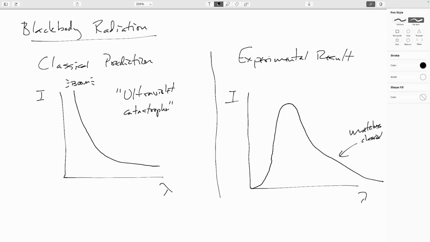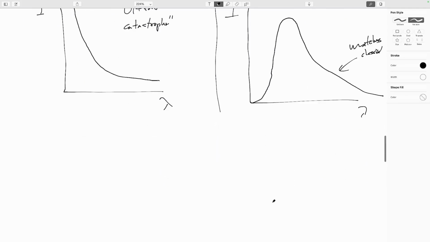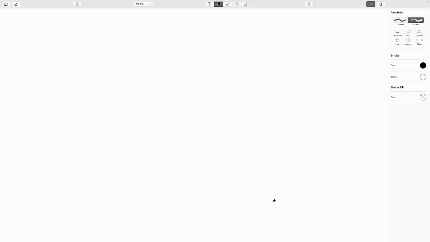And eventually the realization was just plain that there was some sort of flaw in our understanding of classical physics. So this is the fix. And over the next few videos, we'll be refining the fix somewhat. But this fix is due to Max Planck.